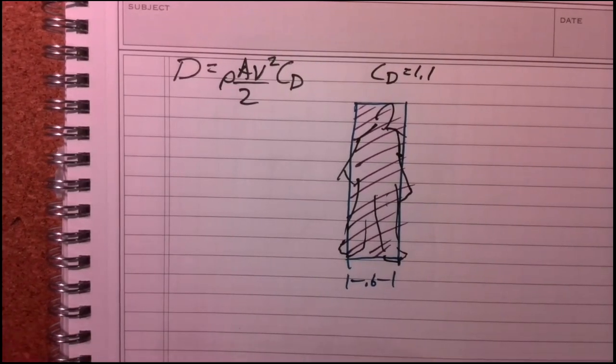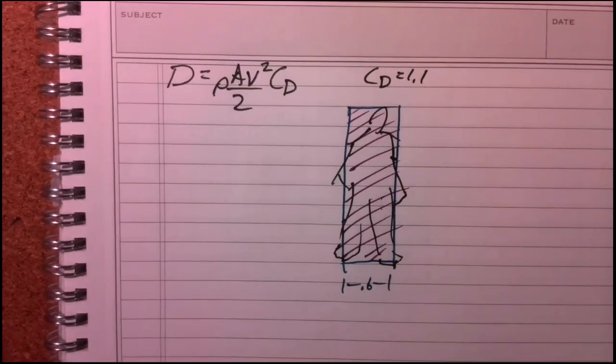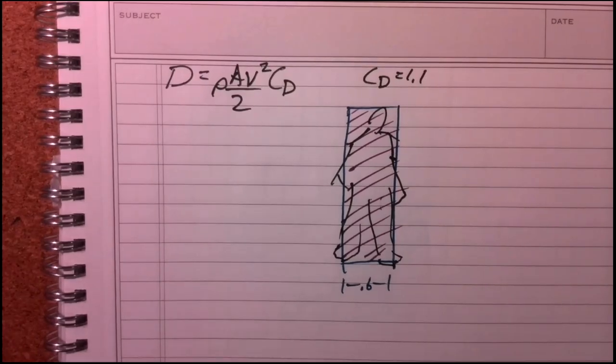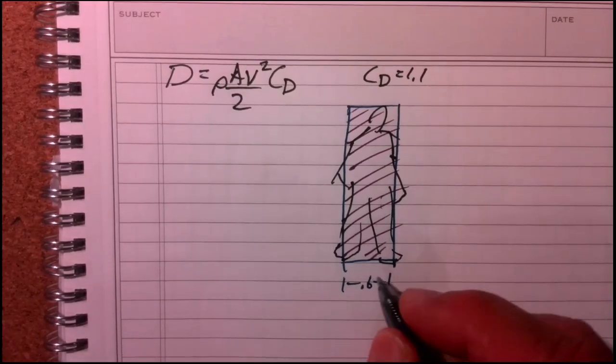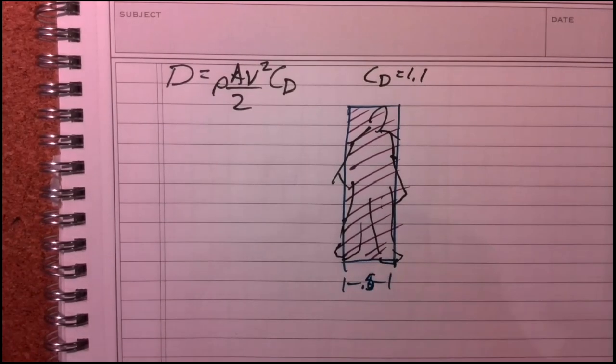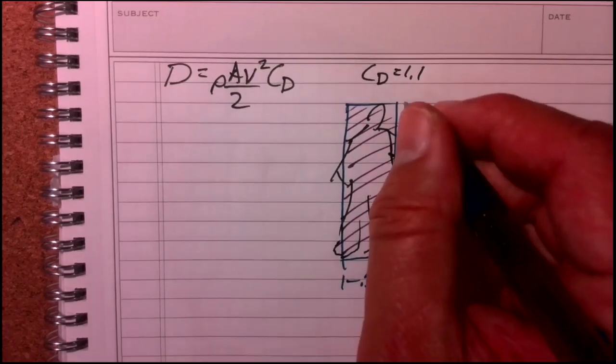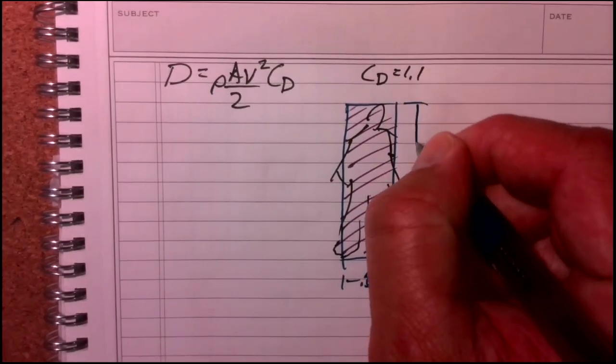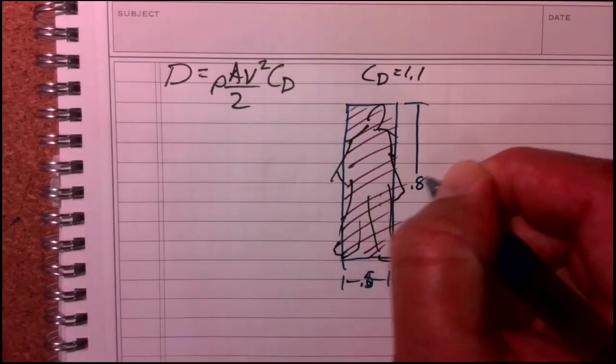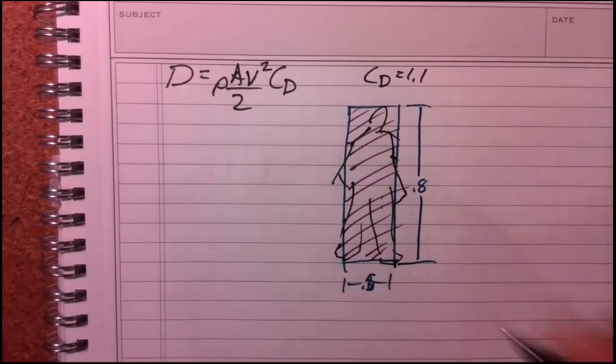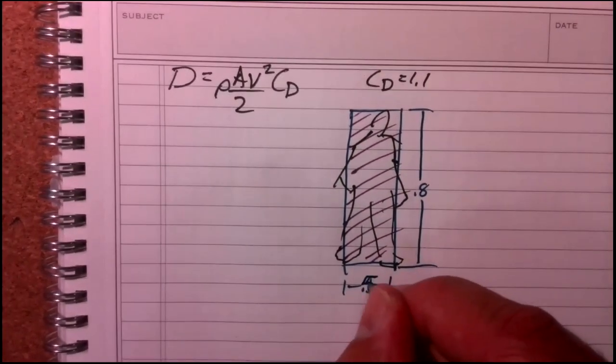Because a lot of times in physics, there's a temptation to get stuck on the fact that maybe you don't know all of the exact numbers. So what are you going to do? Well, you've got to make up something. And now that I'm thinking about it, this is probably 0.5, because I think realistically I am 0.8 meters this way.